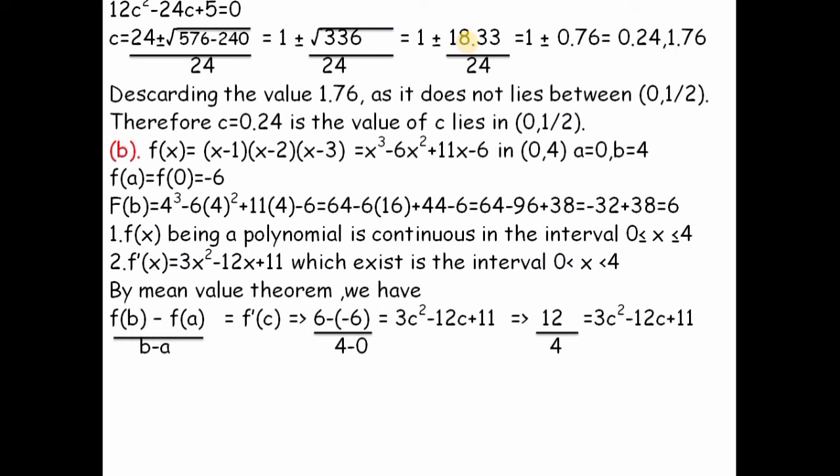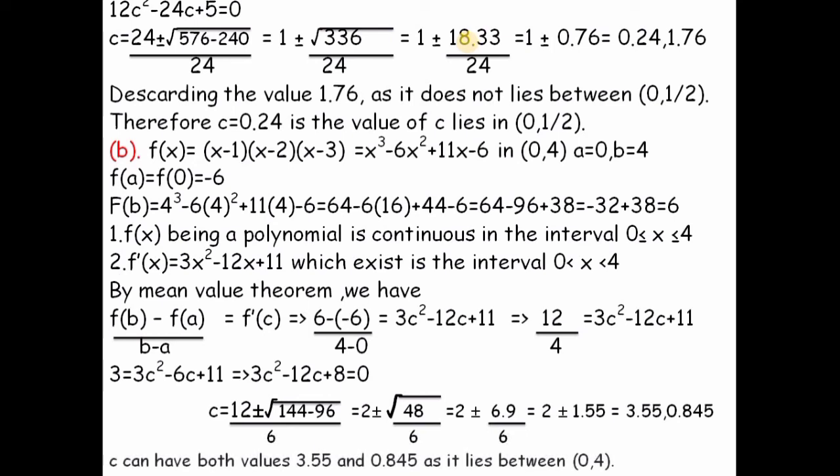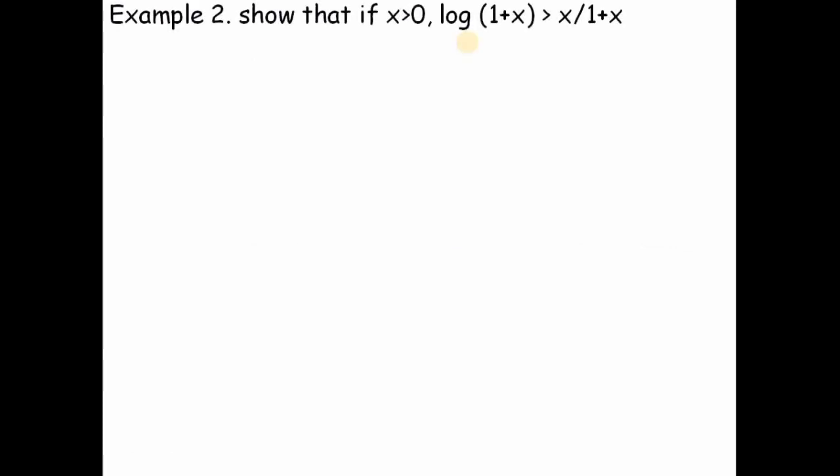So f dash c is 3c square minus 12c plus 11, and f(b) minus f(a) is 6 minus (minus 6), upon 4 minus 0, which equals 12 upon 4, that is 3. So we get 3c square minus 12c plus 8 equals 0. Using the quadratic formula, we get c as 3.55 and 0.845; 0.845 lies in the interval 0 to 4. So now let's discuss the second one.